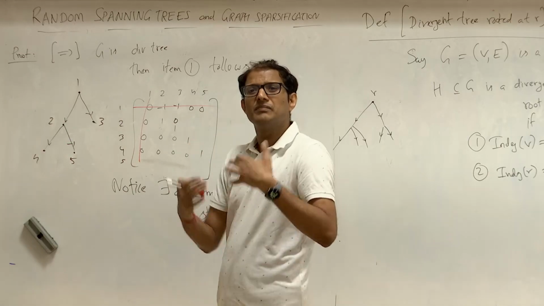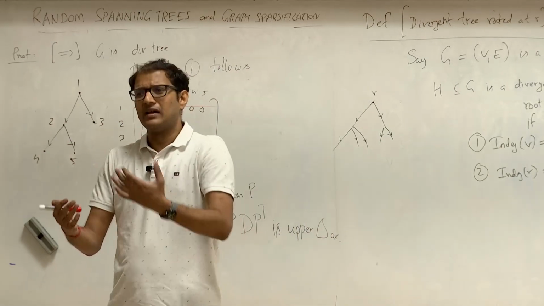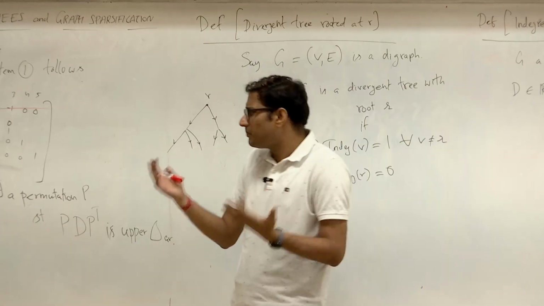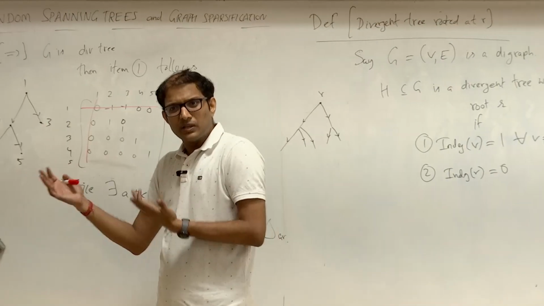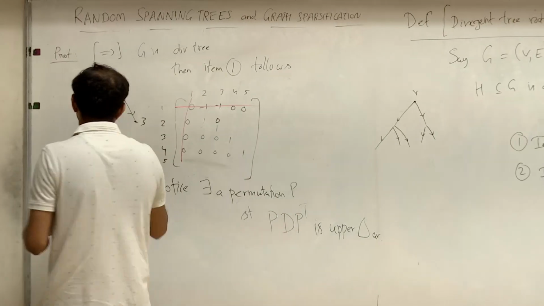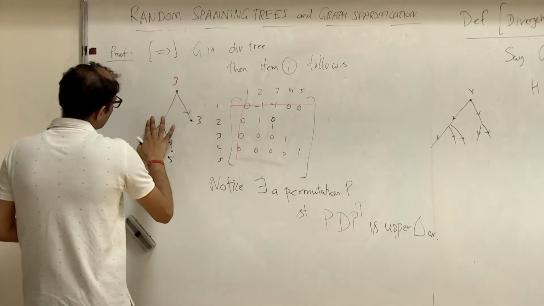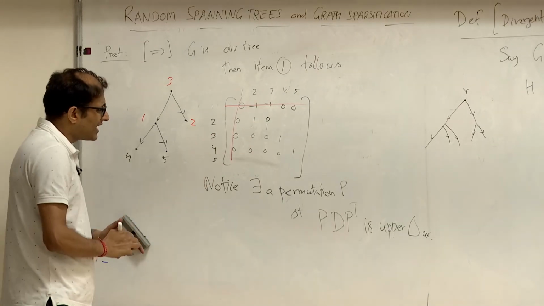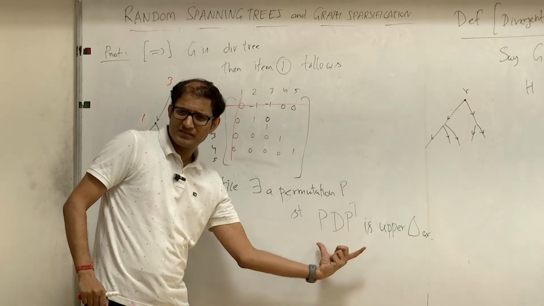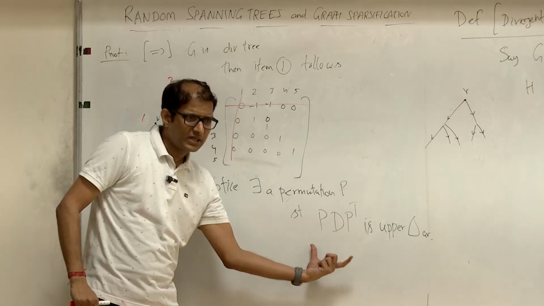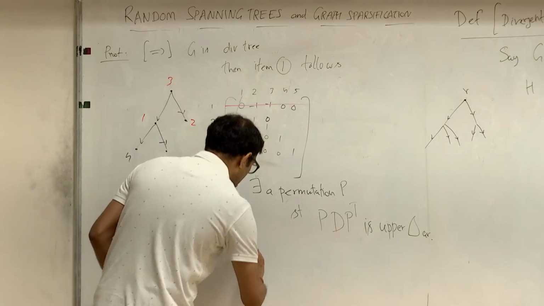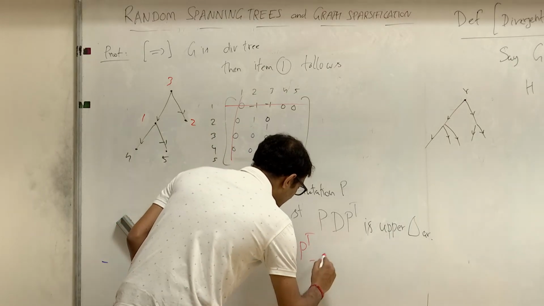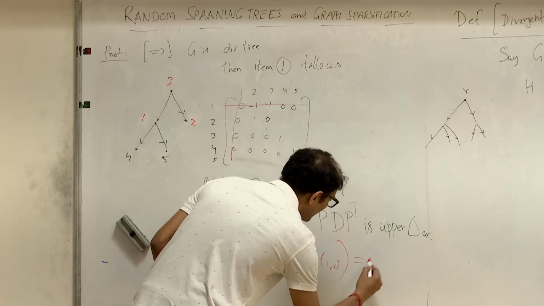I'm required to think about the matrix capital D, and drop the rth row and the rth column, whatever it used to be in the original permutation. This matrix was obtained by applying PDP transposed, and what I'm claiming is that the determinant of PDP transposed with the first row and column dropped is in fact 1.